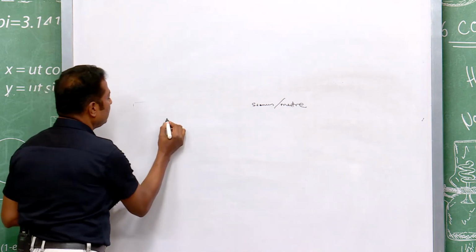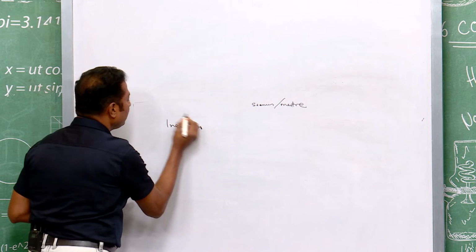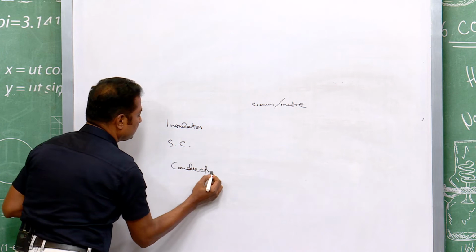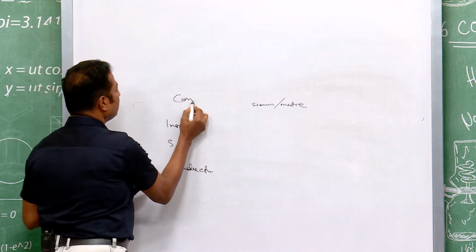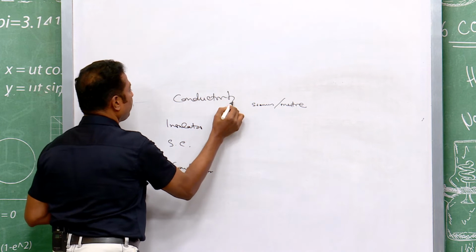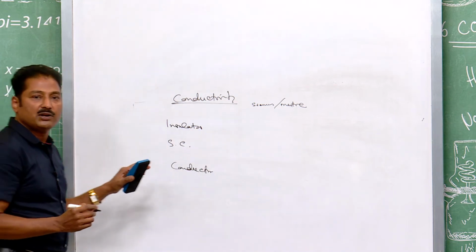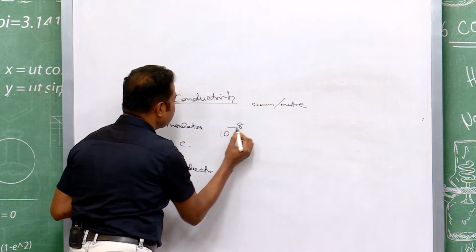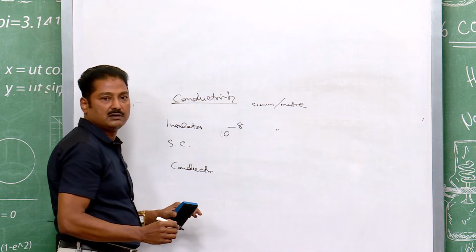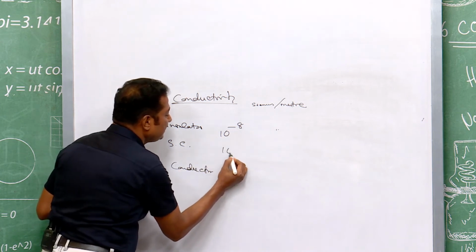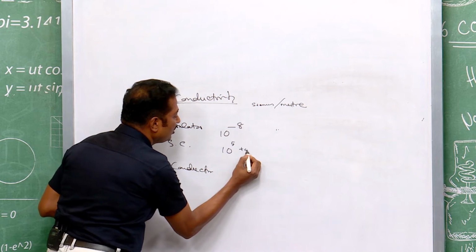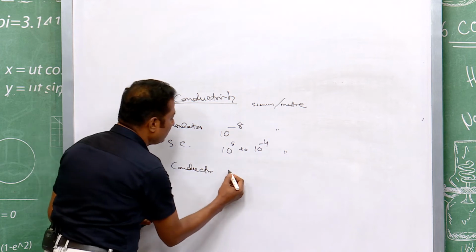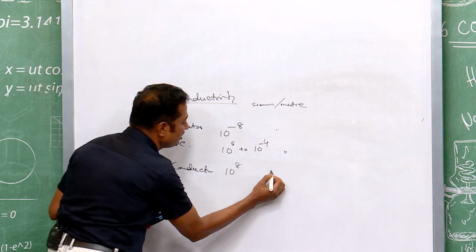For insulator, for semiconductor, for conductor, the conductivity is given as, for insulator it is 10 to the power minus 8 Siemens per meter. For semiconductor it is 10 to the power 5 to 10 to the power minus 4 Siemens per meter. For conductor it is 10 to the power 8 Siemens per meter.